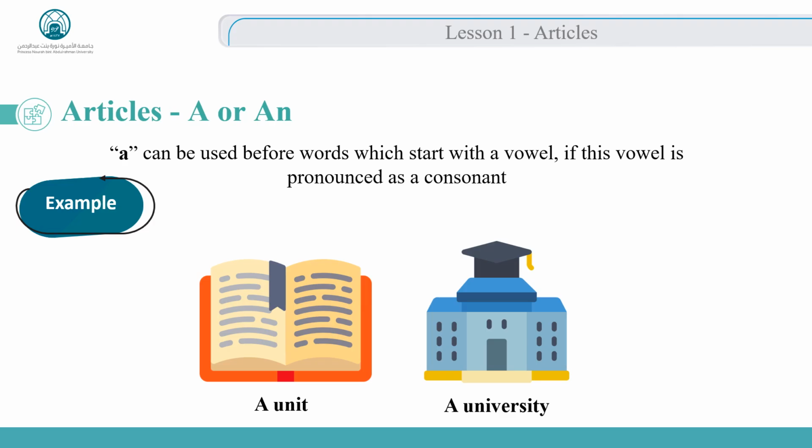We didn't pronounce U here as a vowel. That's why we use the a, not an, and this is an exceptional case. So here you should be very attentive to cases like this. A would be used before the words which start with a vowel that is pronounced as a consonant.